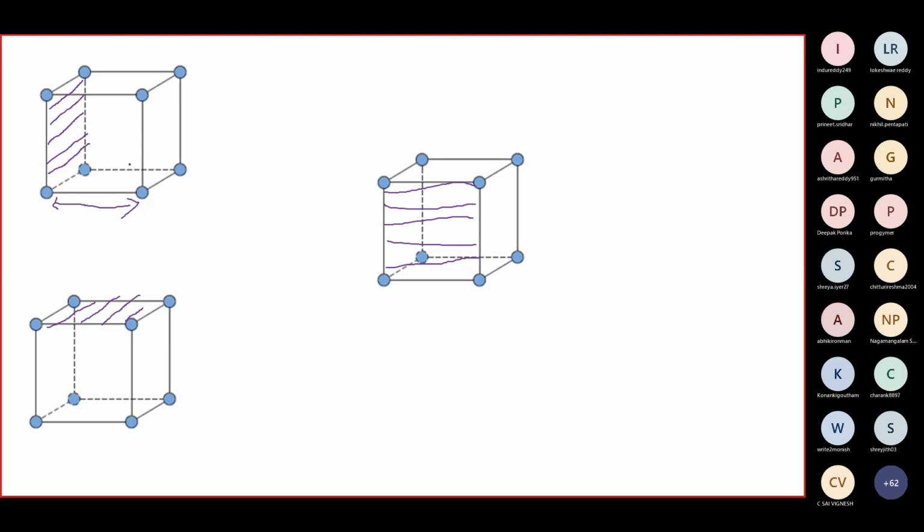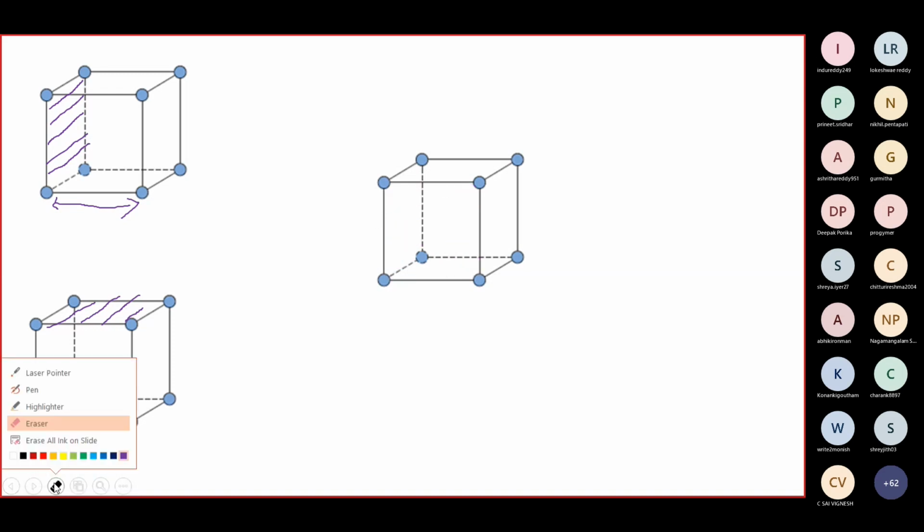Now, apart from this, we can also define planes. Take this plane.